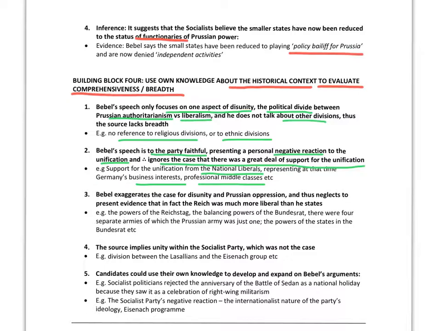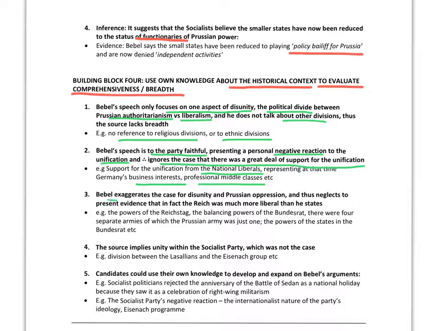We've already said the National Liberals had 10 times as many seats in that first Reichstag. The Socialists only had 3%, the National Liberals had 30%. And Bismarck wasn't daft. He formed an alliance with the National Liberals because they were in support of the unification. So clearly there's a lot that Bebel isn't talking about. Many Germans did support the unification.